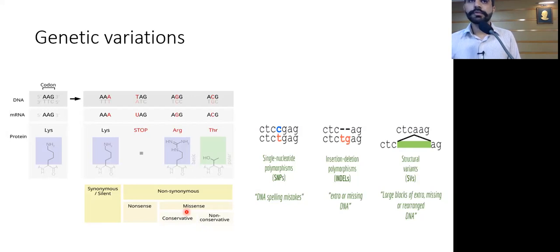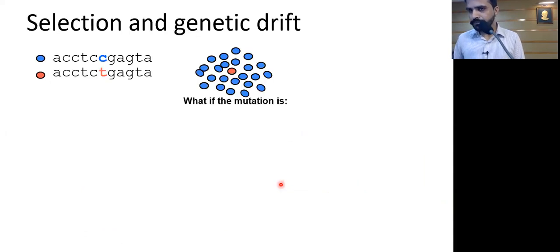So these types of mutations have larger impacts and can generate some diseases as well. So these point mutations, if they are present in more than 1% of the population, are known as single nucleotide polymorphisms. In addition to point mutations, there are indels as well. These are larger additions or deletions of nucleotides in the genome, and there can be some structural variations as well.